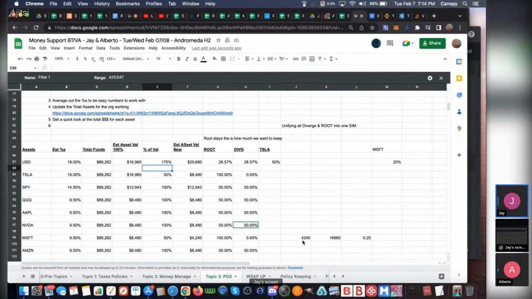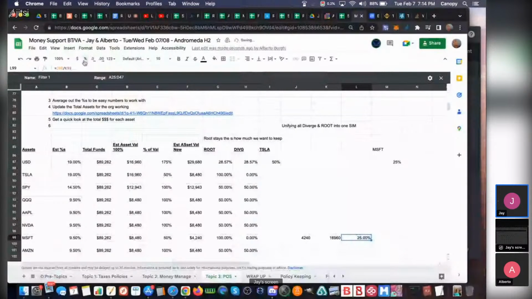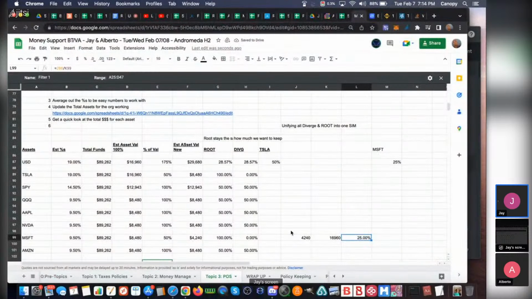Right. So $4,240 is 25% of 16,960. And 25% of the total. Okay.